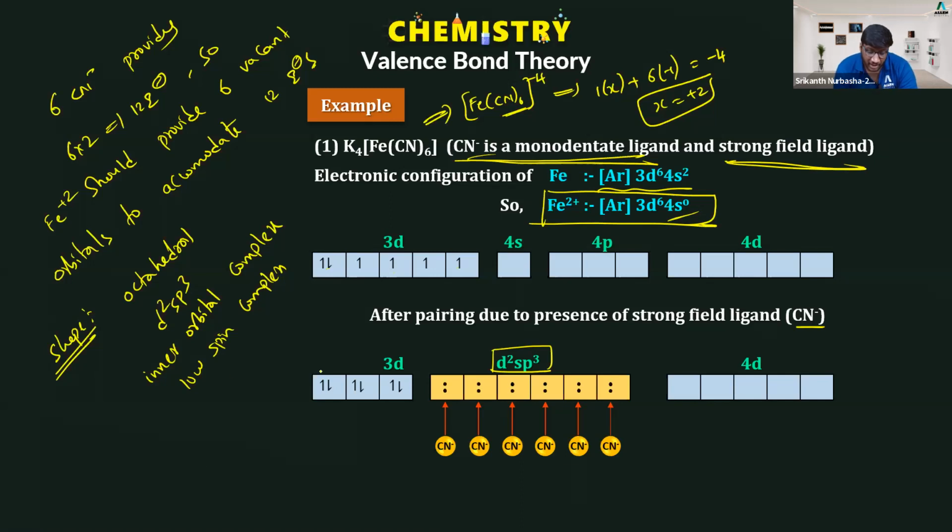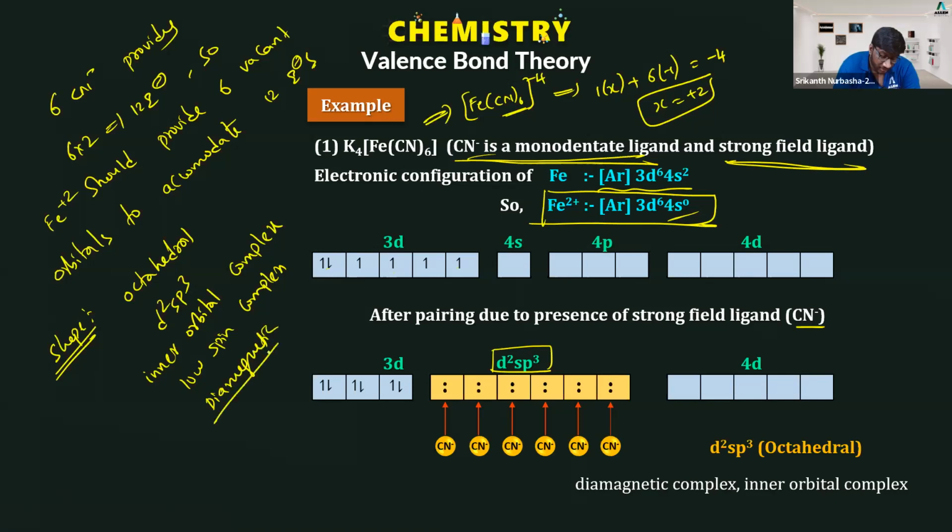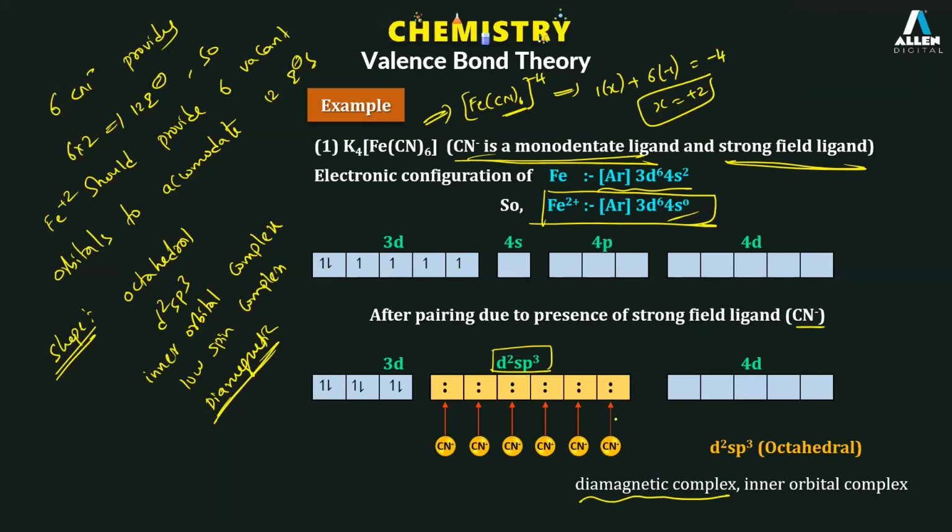And what about magnetic nature? Paramagnetic or diamagnetic? Diamagnetic. Diamagnetic means it will be repelled by the external magnetic field weakly.